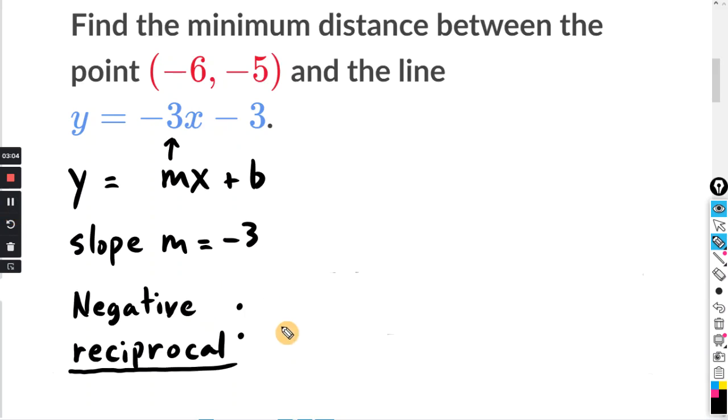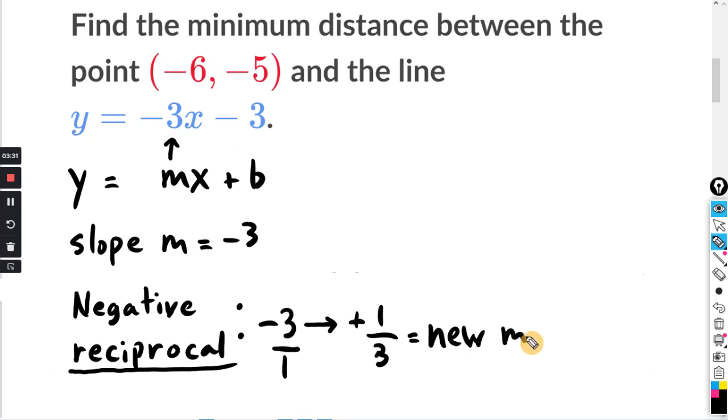Take that -3, and there's 2 steps for negative reciprocal. You want to flip it. So if it helps, you can just put this over 1. You want to flip it or take the reciprocal, so that's -1/3. And then change the sign, so that's going to be +1/3. And this right here is the new slope, or the new m.